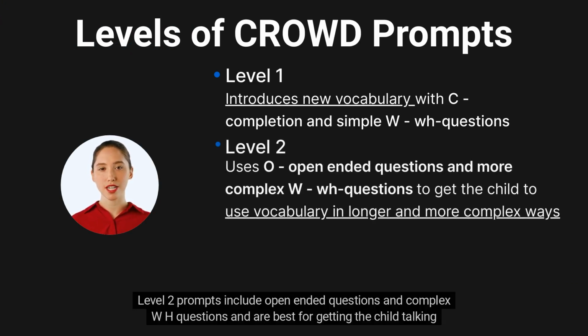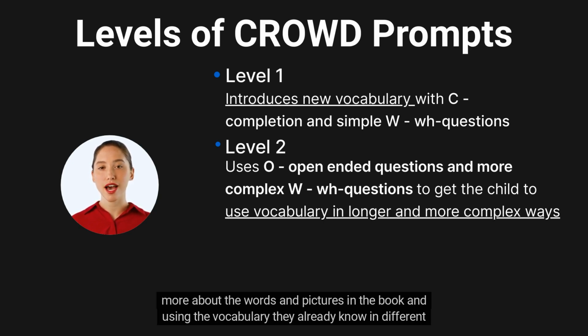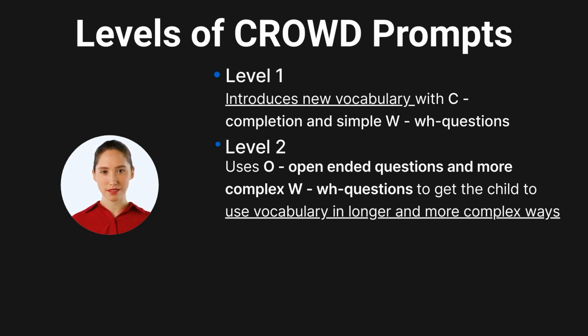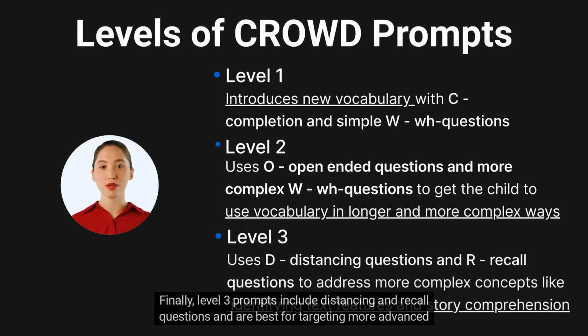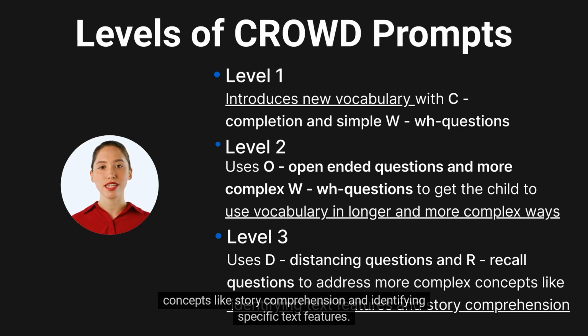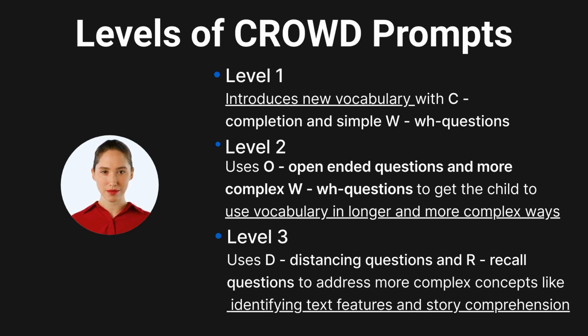Level 2 prompts include open-ended questions and complex WH questions and are best for getting the child talking more about the words and pictures in the book and using the vocabulary they already know in different ways. Finally, Level 3 prompts include distancing and recall questions and are best for targeting more advanced concepts like story comprehension and identifying specific text features.